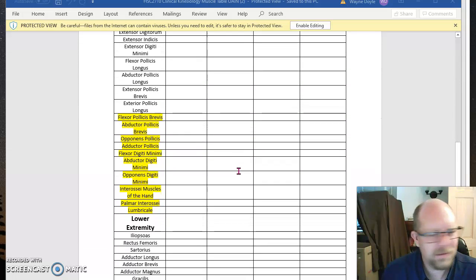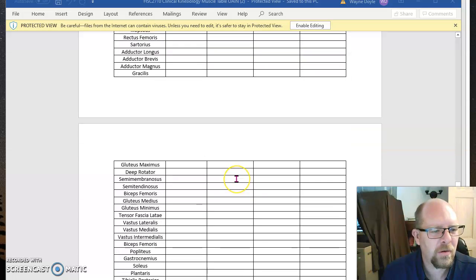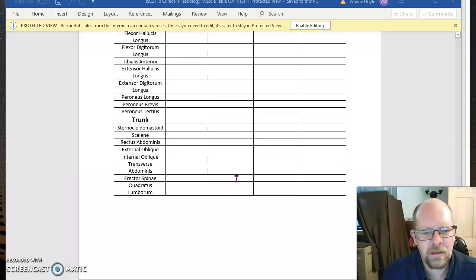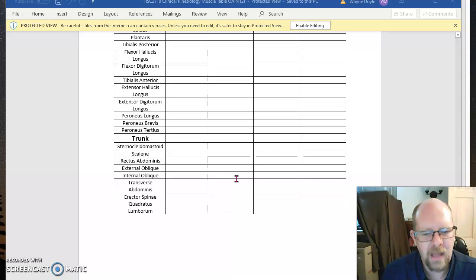Remember these in yellow? You do not need to know the origin, insertion, action, or nerve. Here's our lower extremity. If we look at the trunk, the textbook has a lot of muscles for trunk.